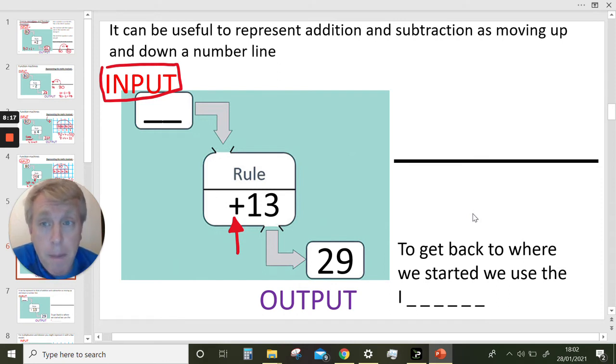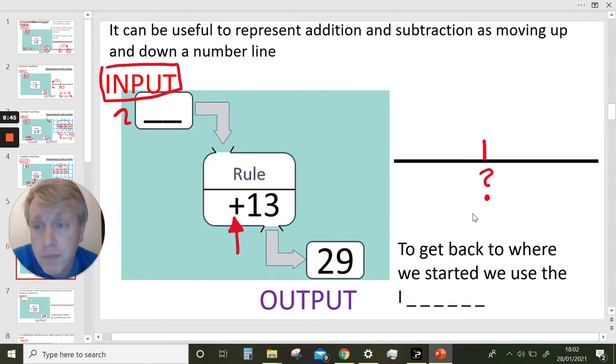Did you use a number line to help you to think about it? I'm going to. So I'm going to start always at the start of my calculation, I'm going to start with the input. So the input, well, I don't know what that number is, do I?